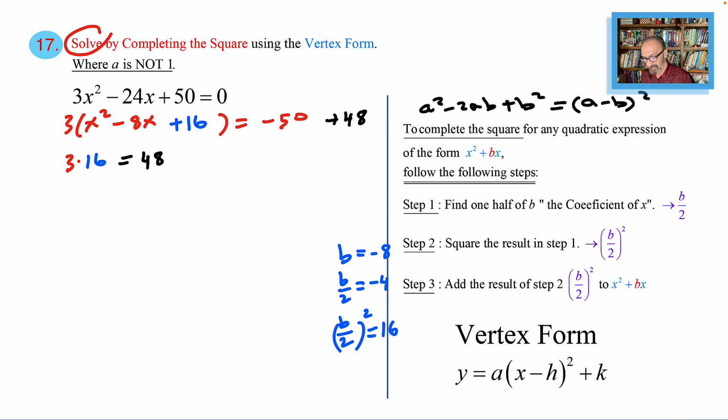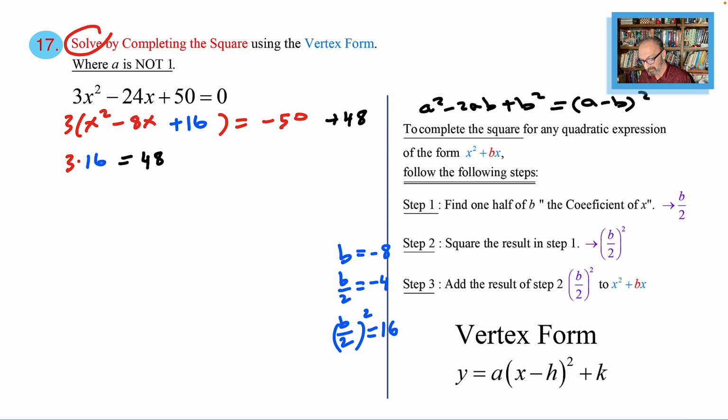If I say how many x's do you have, you might say -8, but actually 3 has to be multiplied by it, and 3 times -8x is -24x. So it's misleading if you look at the second line. If I say how many x squares, you say 3x squared. If I say how many x's, you should say -24x.